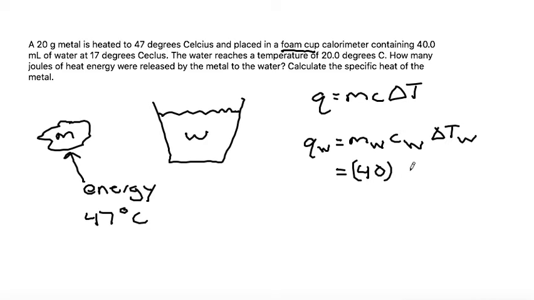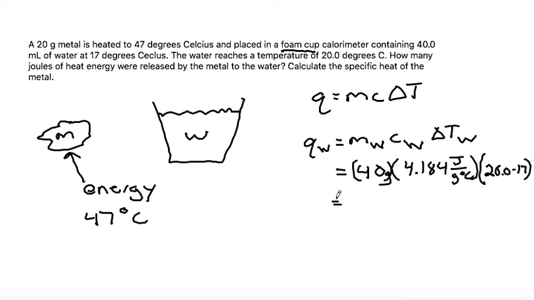So we can plug in 40 grams for the mass of water. And the specific heat capacity of water, I looked that up, and it is 4.184. That's a unit of joules per gram degrees Celsius. Also, the change in temperature is the final temperature minus the initial temperature. So the final temperature is 20 degrees C minus the initial temperature, which is 17 degrees.